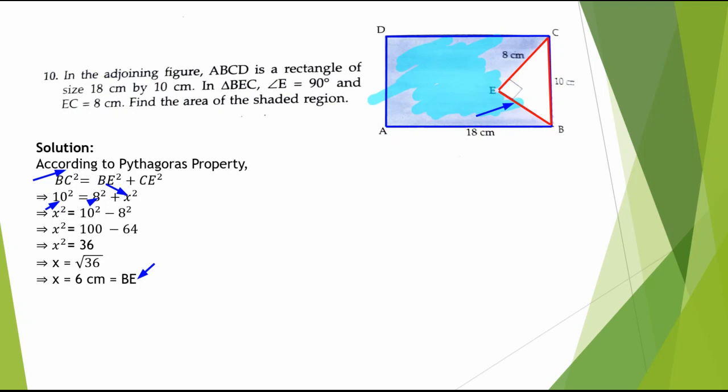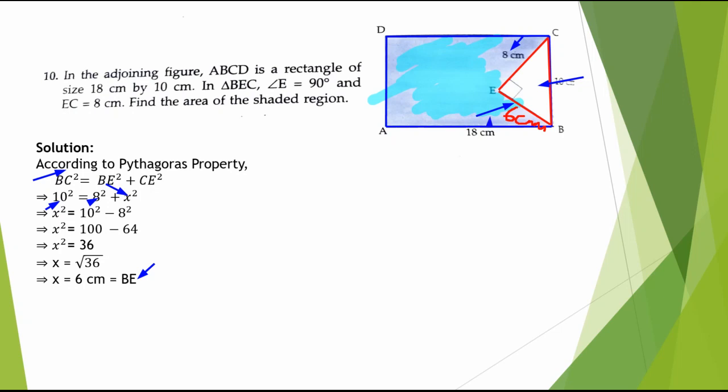Now this side BE has come 6 centimeter, right? Now we can find the area of this triangle also, since the sides containing the right angle are now known.